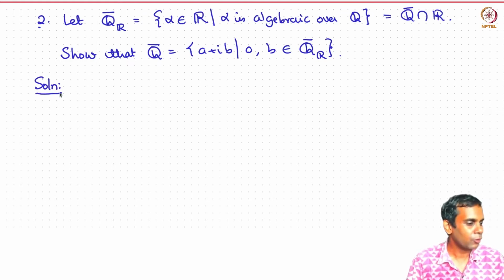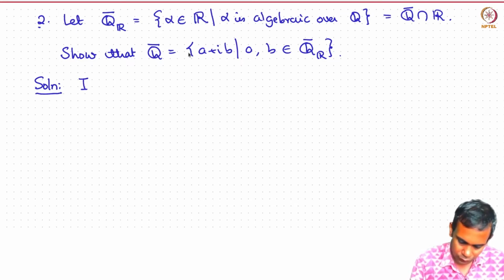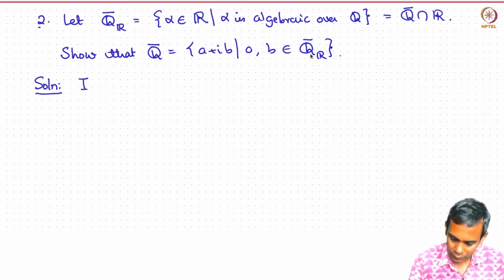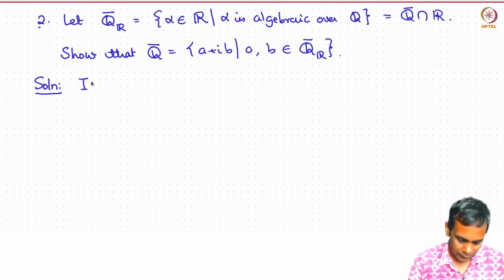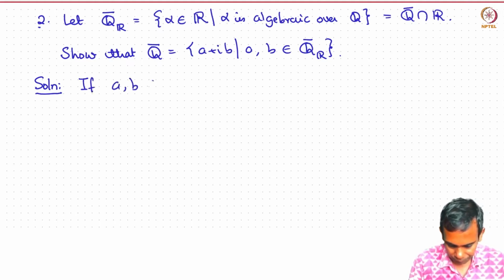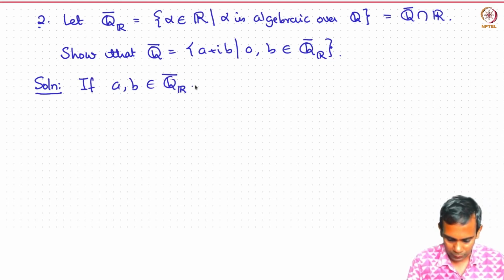Okay, so firstly what we need to show is that if A and B are in Q bar R, then A plus iB is in Q bar, and conversely if A plus iB is in Q bar, then A and B are in Q bar R. So let's start with the assumption that A and B are in Q bar R, and we want to show that A plus iB is in Q bar.